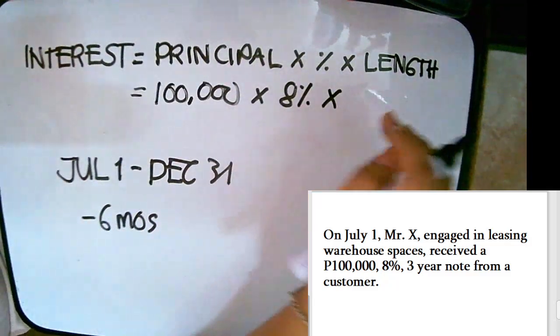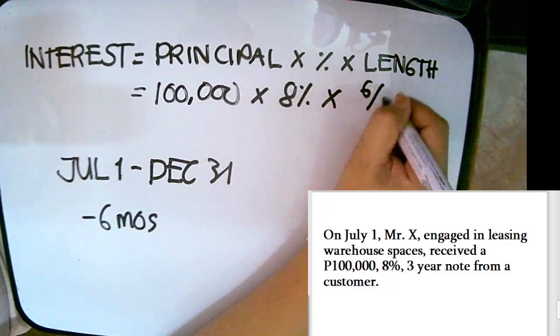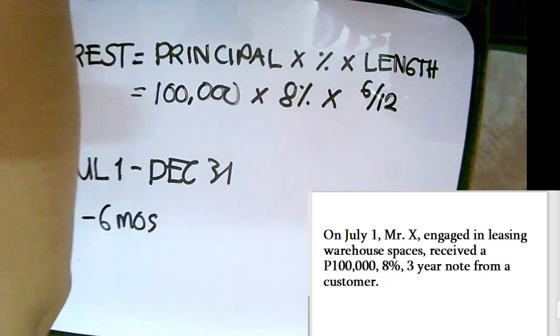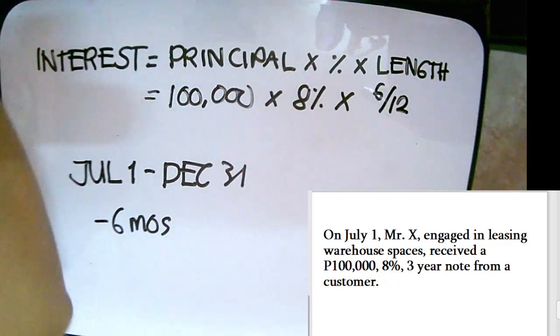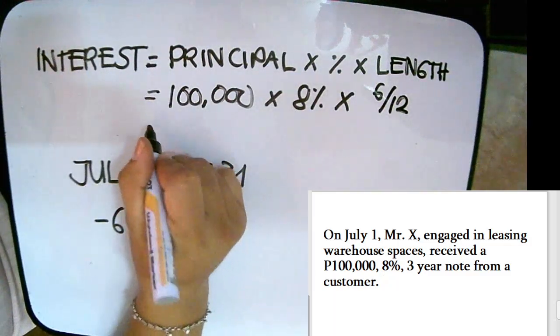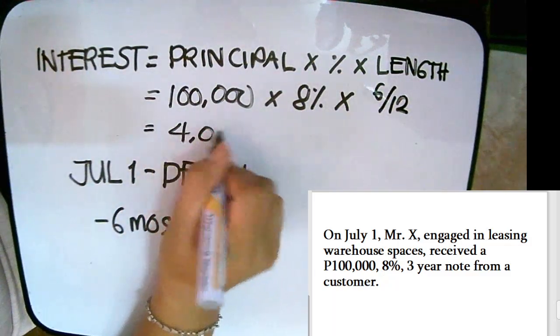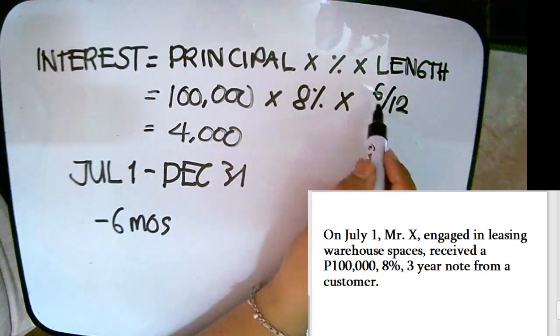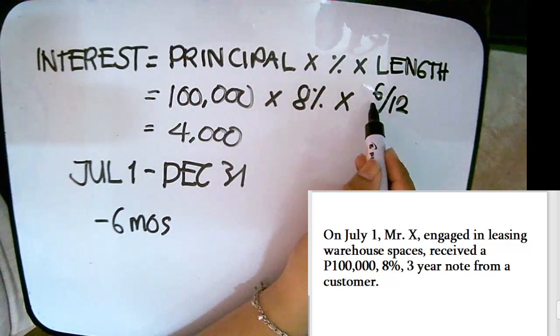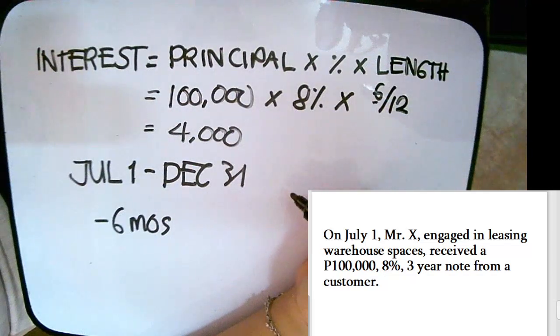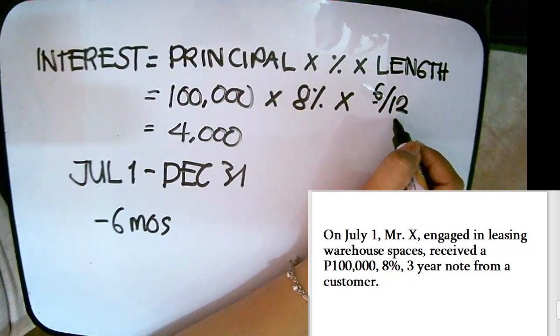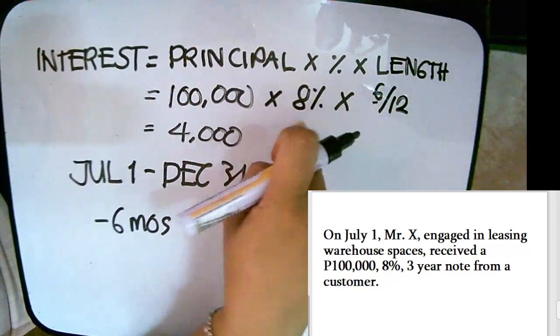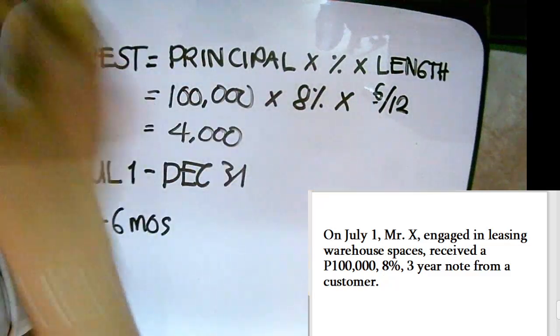So, times 6 over 12. So, ang answer natin dito is 4,000 pesos. Again, itong 6 over 12, this is a 6 months, kasi from July 1 to December 31. And then yung 12 is 1 year, kasi nga, good for 1 year itong 8%.